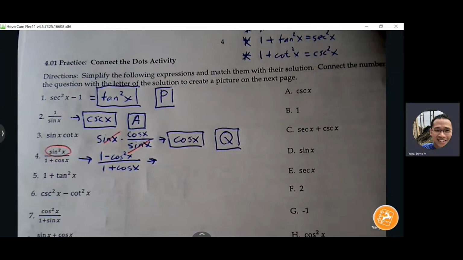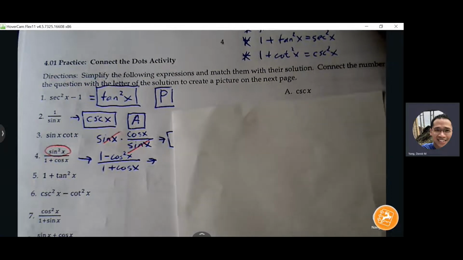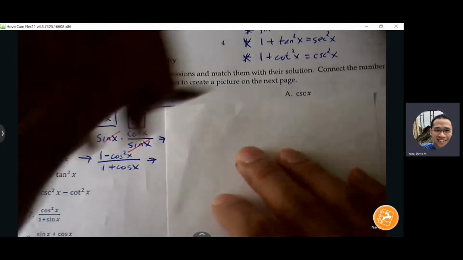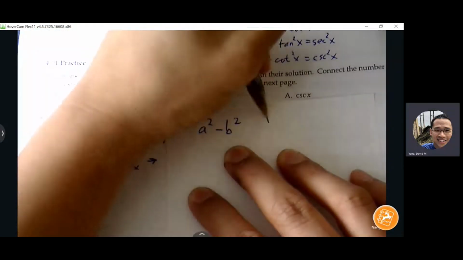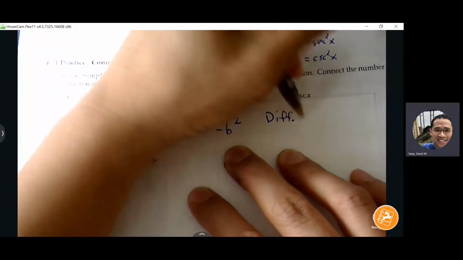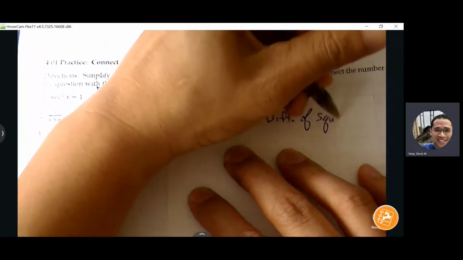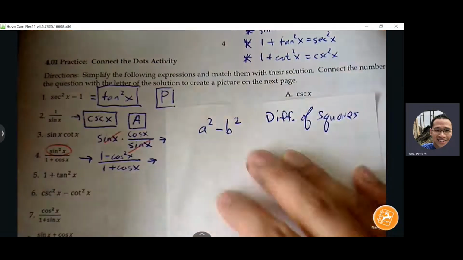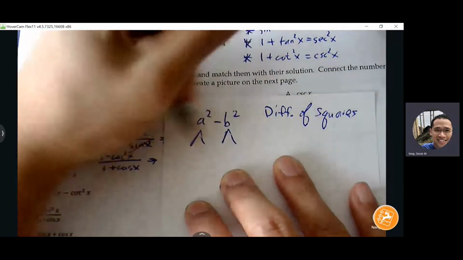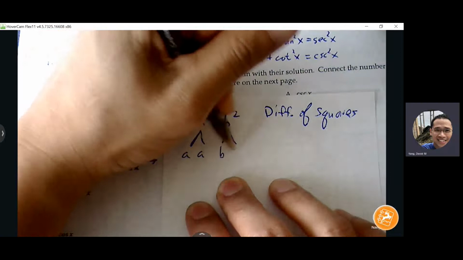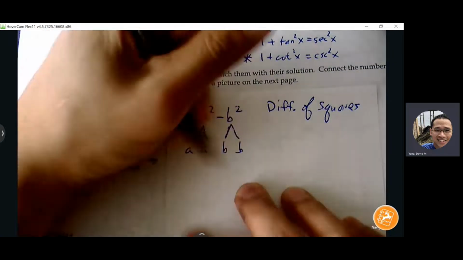Now, you may not remember this. 1 minus cosine squared x can actually be factored. You guys remember a squared minus b squared? This is the difference of squares here. So I'm going to have to review some factoring here. If I have two perfect squares with a minus in between, I can break it down into its square root parts.